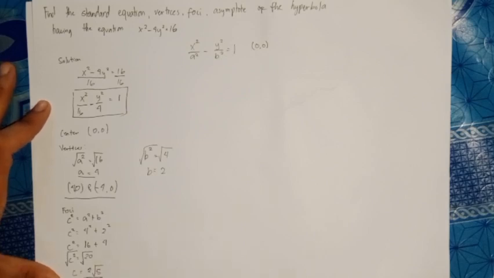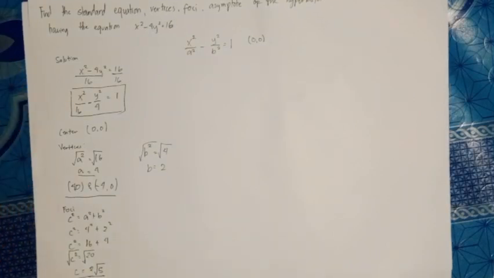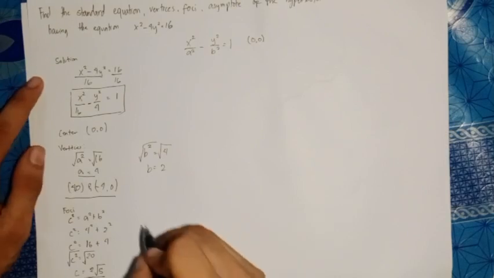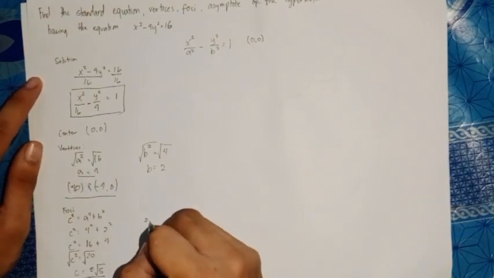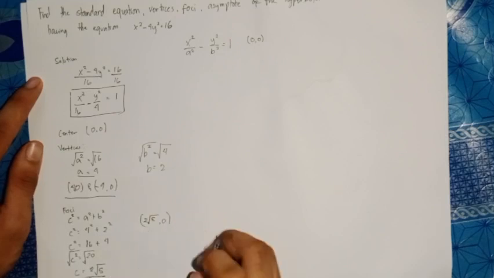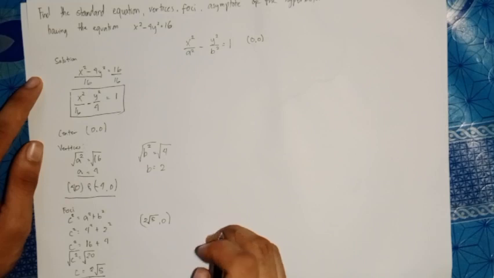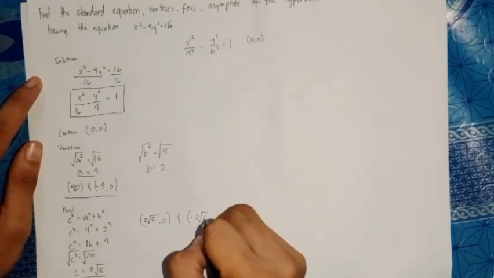Therefore, our foci are at (2 square root of 5, 0) and (-2 square root of 5, 0).